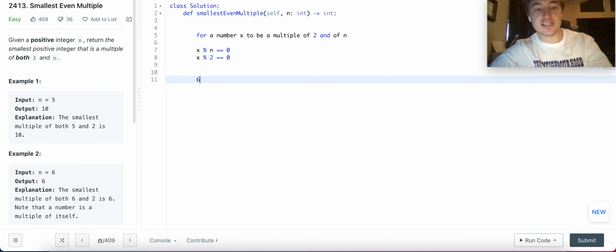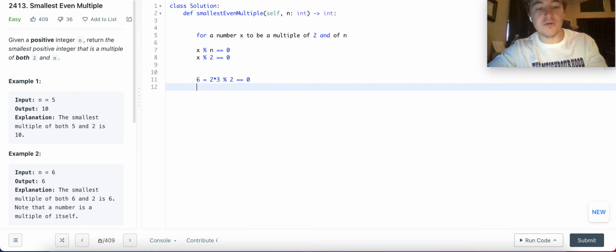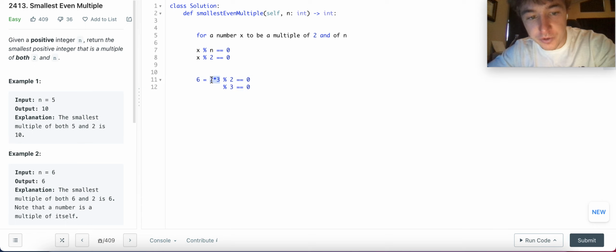If I have 6 equals 2 times 3, when I mod that by 2, there's a 2 factor that gets erased, so you can definitely divide it out and you get 0. And if you mod 6 by 3, likewise, you get 0. Why? Because there's a factor of 2 and 3 that makes 6.